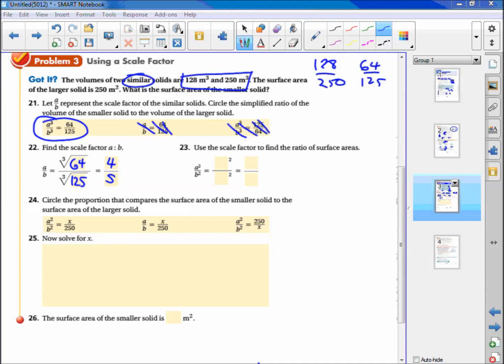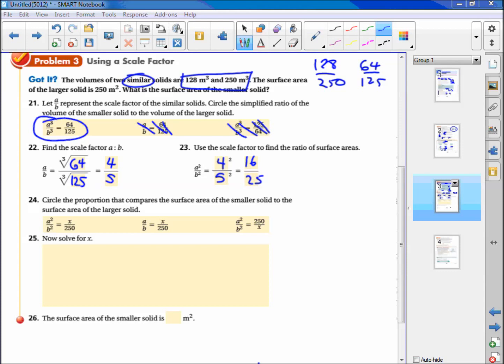Now we're going to find the ratio for their surface areas. Since the scale factor of the solids was 4 to 5, their surface areas should be in a ratio of 16 to 25. So circle the proportion that compares the surface area of the smaller solid to the surface area of the larger solid.